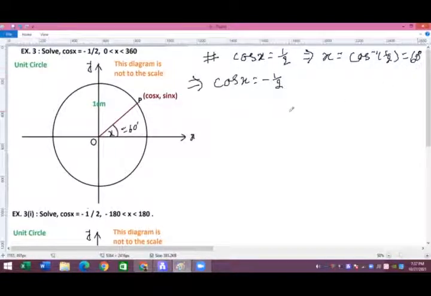So we check for the value of cos where it is negative. So you know that in the second quadrant cos is negative, and in the third quadrant also cos is negative, but here cos is positive, and here also in the first quadrant cos is positive. So we consider the second and the third quadrant.